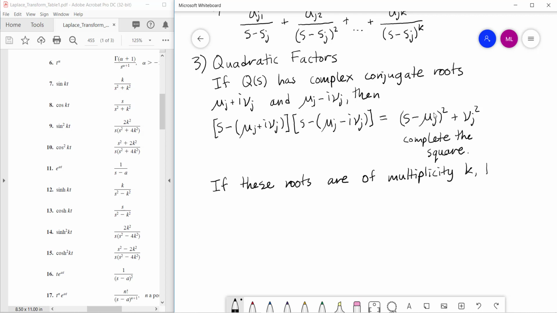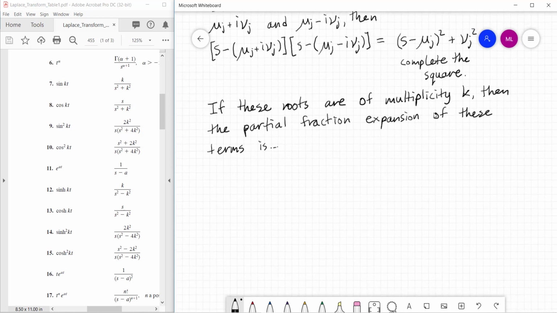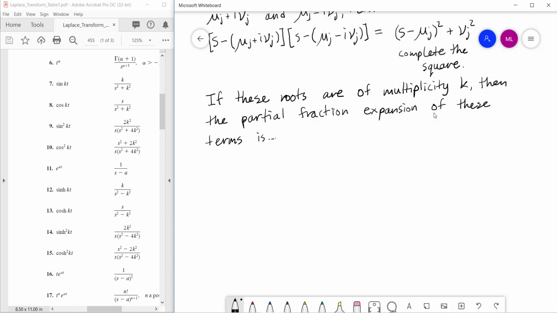Then in this case, the partial fraction expansion of these terms is the following. And this is going to look hideous. It's less complicated in practice. I'm just writing these all out with all the horrible grid.